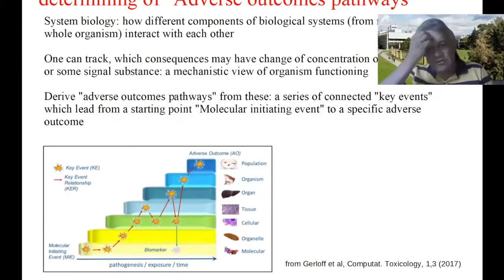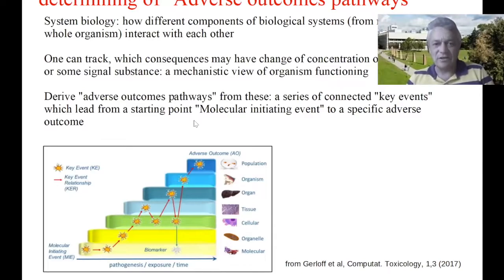So another approach to study effects comes from systems biology and bioinformatics. In this area, the concept of adverse outcome pathways was introduced, which describes how different components of a biological system interact with each other, so that one can track which consequences a change in something may have in the organism.